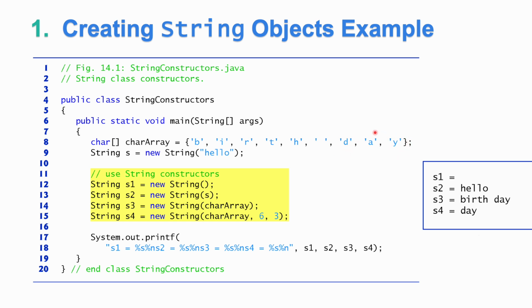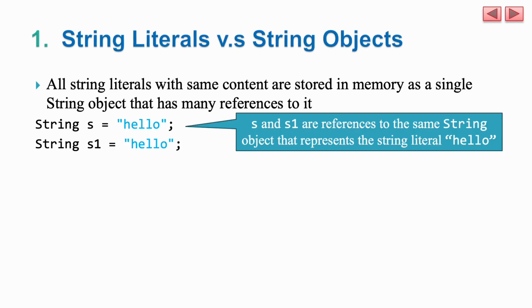So the content of string s4 is the substring day of the string birthday. The last statement in the method main displays the 4 string objects referenced by s1, s2, s3, and s4.